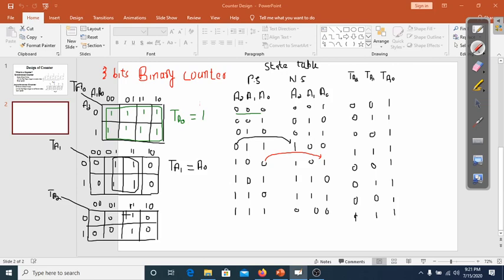By simplifying this Karnaugh map, I will get TA2 equal to A1 and A0.